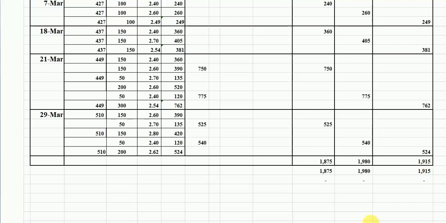The comparison is that if more cost is put into production, the cost of this production is higher. If the cost is less in production, the per unit cost of production is lower.